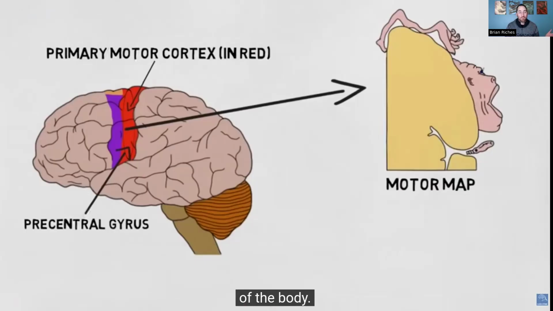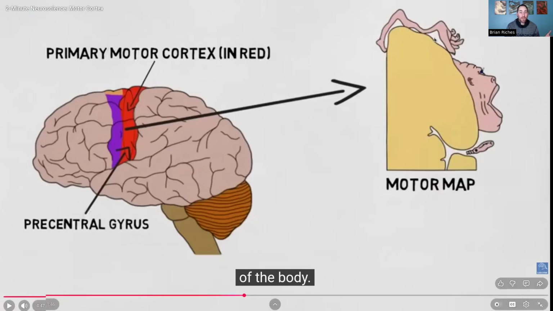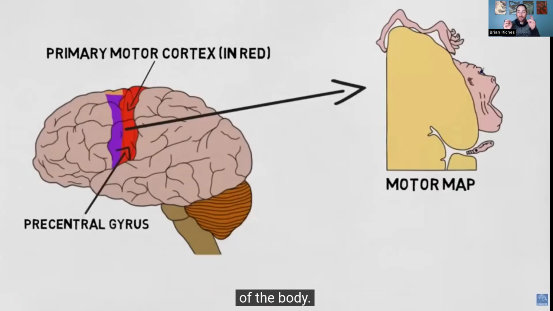Eating and swallowing, also pretty important for humans. But it also doubles for things like kissing as well. So we've got a lot of area for our face. We also have a relatively large area for our hands to do really fine motor controls, play piano, clarinet, things like that. And then a lot less space for things like your legs.